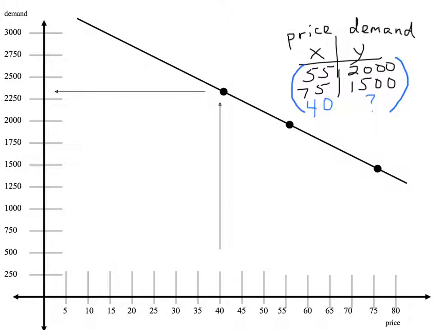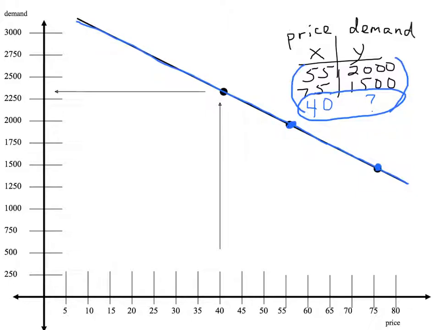So the very first thing I did is I went through and I plotted the points. Here's the point 55, 2,000. Here's the point 75, 1,500. And I just took a straight edge and drew a straight line all the way through. The question says, use that line to estimate what the demand would be if the price dropped to 40.